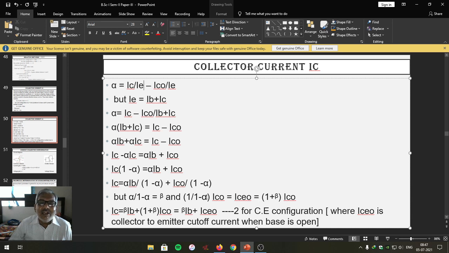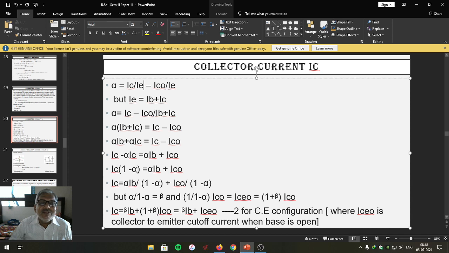Put alpha is equal to beta upon 1 plus beta and then get it solved. The result will be 1 plus beta into ICO. So what we can write it? ICO upon 1 minus alpha is ICEO, and ICEO equal to 1 plus beta into ICO.